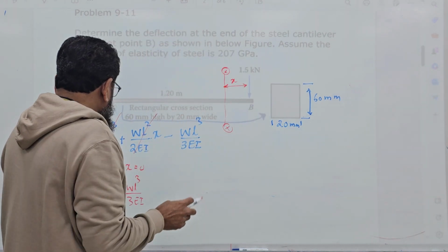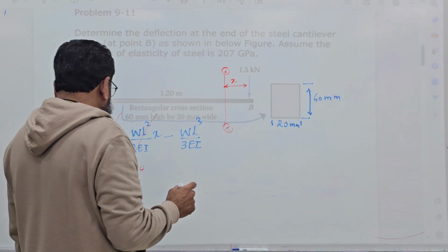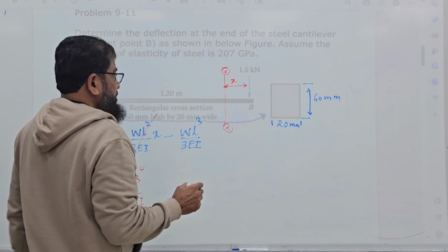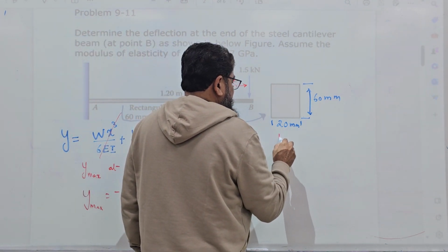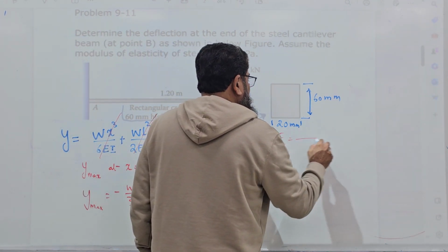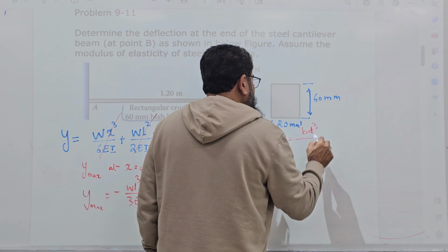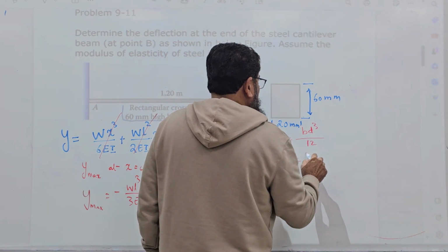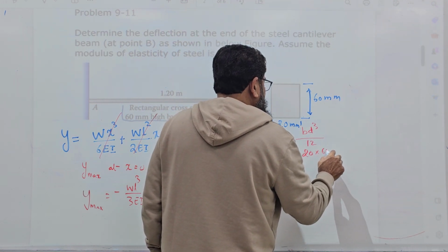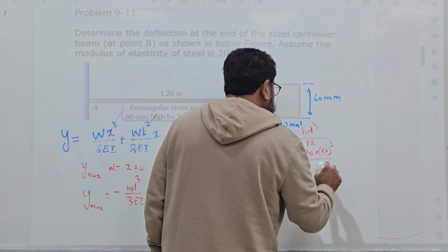Now first I need to find the value of I. Let me calculate it over here. I is equal to bd cube by 12, with b equal to 20 multiplied by depth 60 cubed, divided by 12.